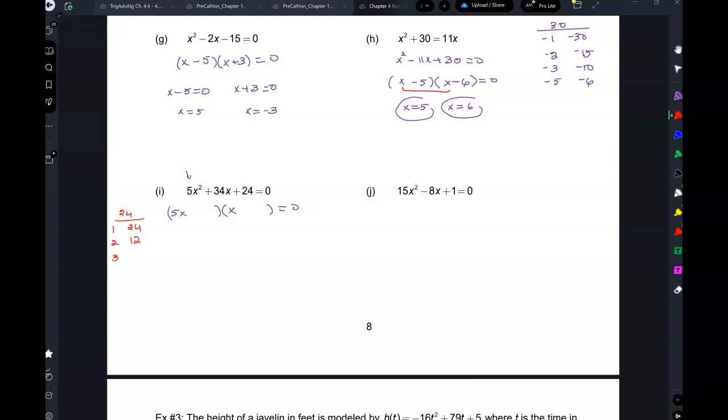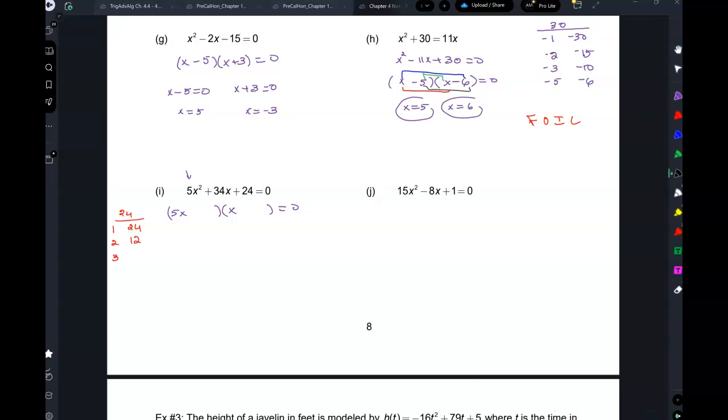So x times x, these are the first terms of each. And then x times -6 is the outer term. So it's first, outer, inner, last. So the first terms are x and x, and then the outer terms are x and -6. And then the inner terms are these. And then the last terms are these.